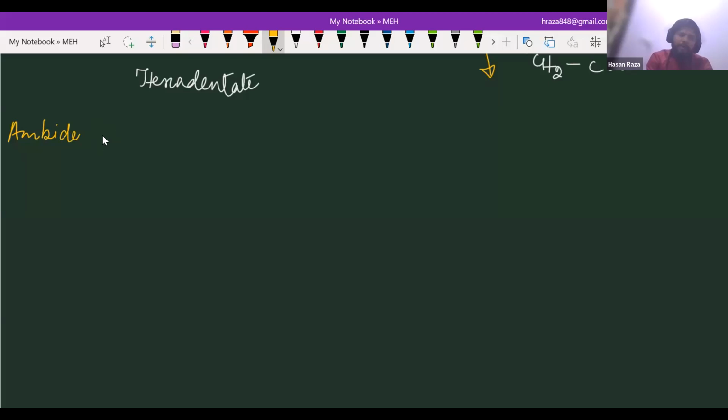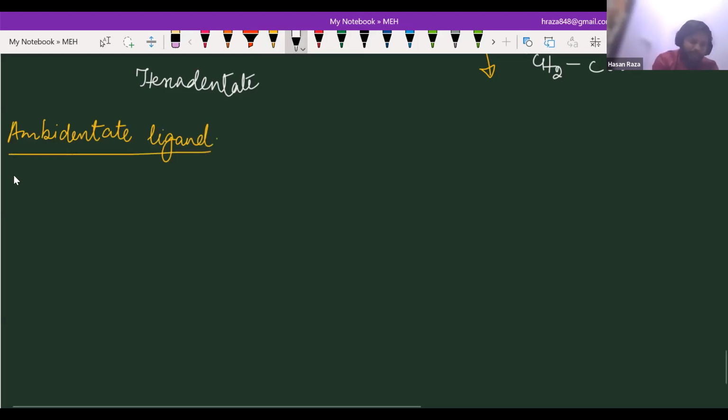Then the last ligand classification is ambidentate ligands. This is a special kind of ligand which has two donor sites, but it will use only one at a time.